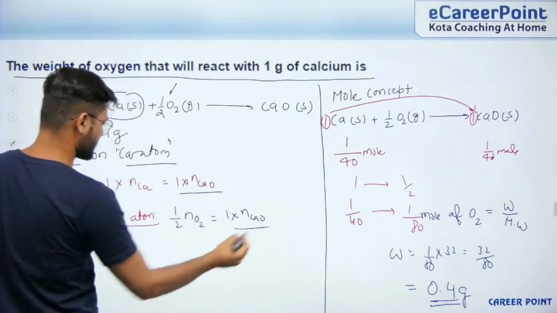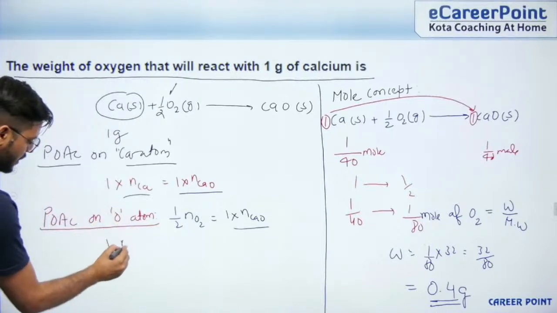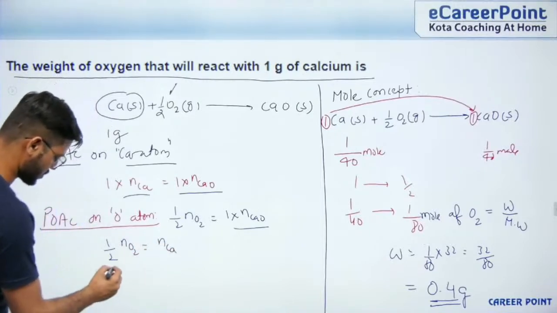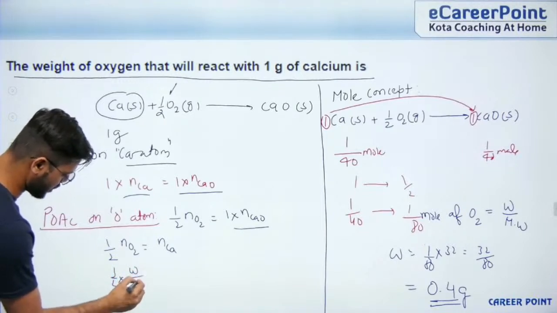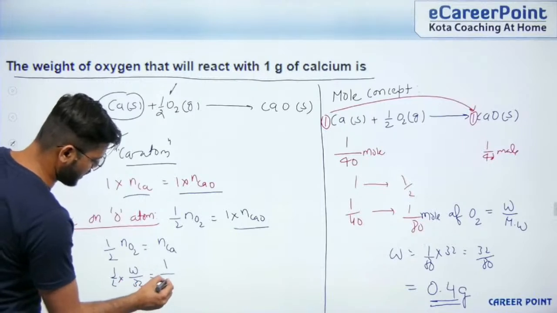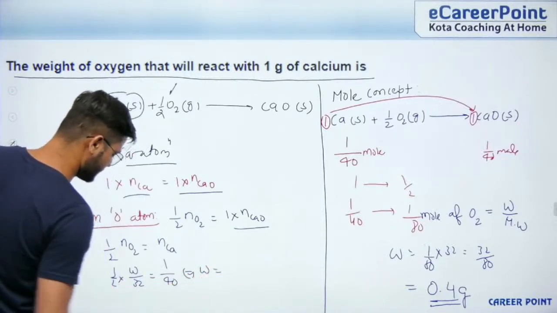Now this and this are equal, so we can compare: half into number of moles of oxygen equals number of moles of calcium. Number of moles of calcium is weight upon molecular weight, which is 40. So ultimately the weight will be what?